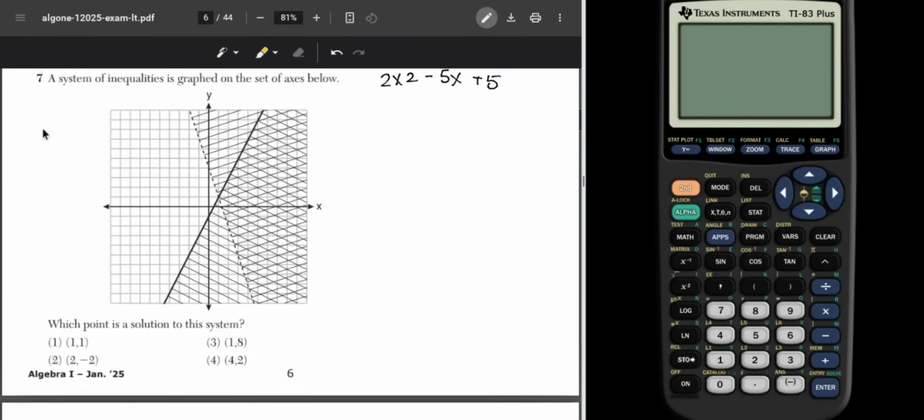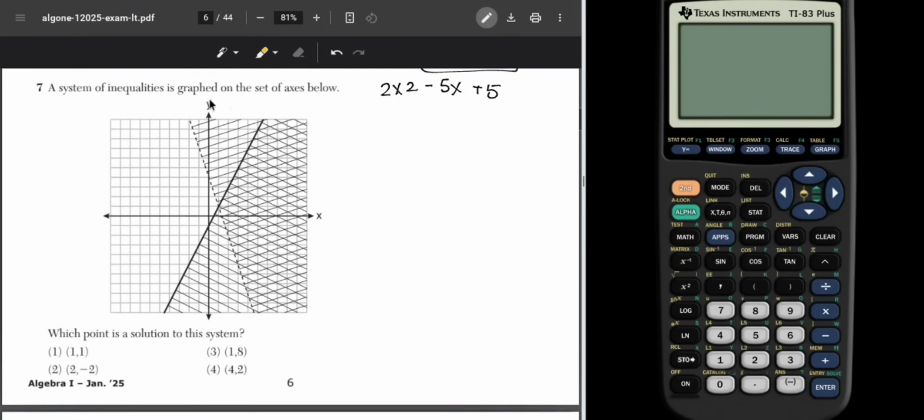Question number 7 says, a system of inequalities is graphed on the set of axes below. Which point is a solution to the system? So, whenever you're given a dotted line, a point that lands on the dotted line is not part of the solution set.